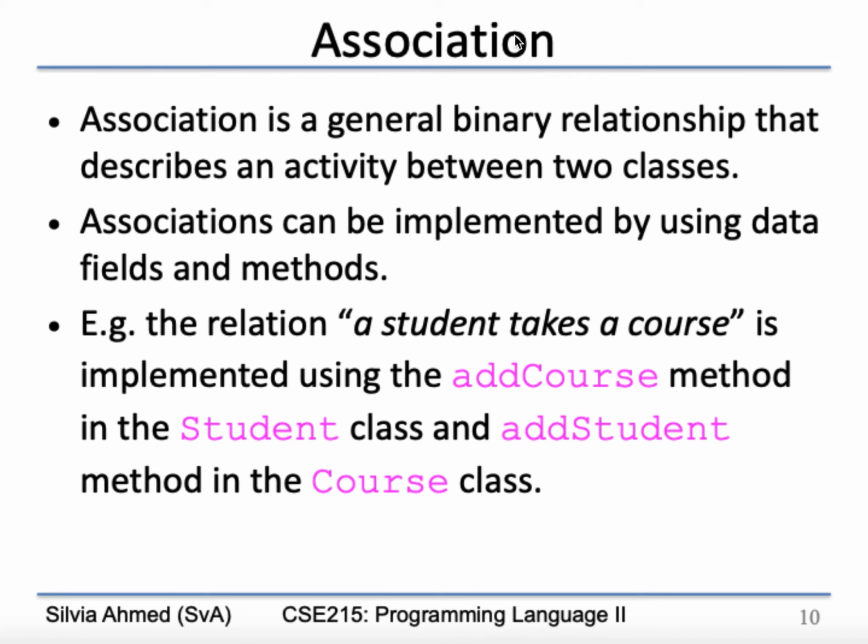So association is a general binary relationship that describes an activity, any type of activity, between two classes. These associations can be implemented by using data fields and methods.